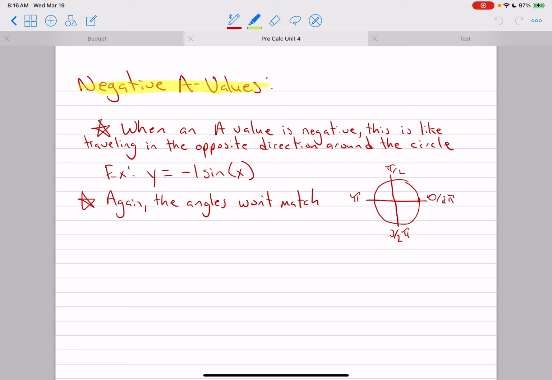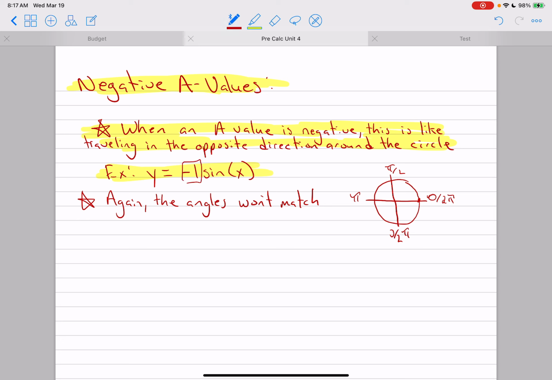Now let's move to the next thing, which is negative a values. So if I have a negative a value, this is like traveling in the opposite direction around the circle. That's how you can visualize it. For example, if I had y equals -1 sine of x, remember this is the a value and it's negative.